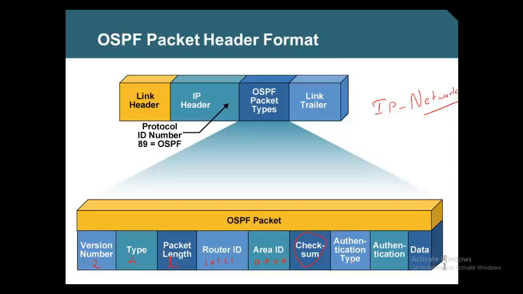EIGRP supports only MD5 authentication. OSPF supports both clear text as well as MD5. So here we call it type 0, meaning no authentication. Let me write it as null authentication. Type 1, which is clear text.